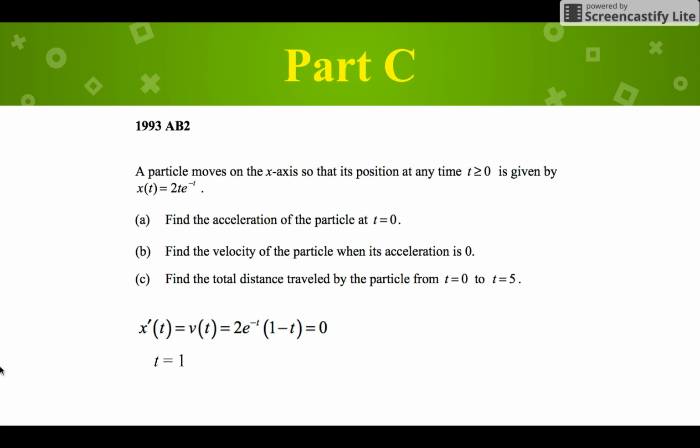At t equals 1, we know that the velocity is 0. So from 0 to 1 and from 1 onwards, the particle is going in different directions.